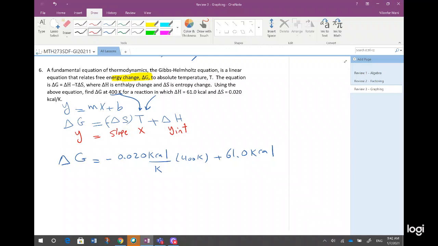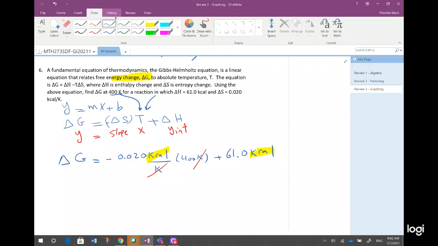I want to show you that the units are just going to be fine, and they will cancel each other. You can cancel K and K here, and then you have kilocalorie and kilocalorie, and yes, that's fine, we can add them.